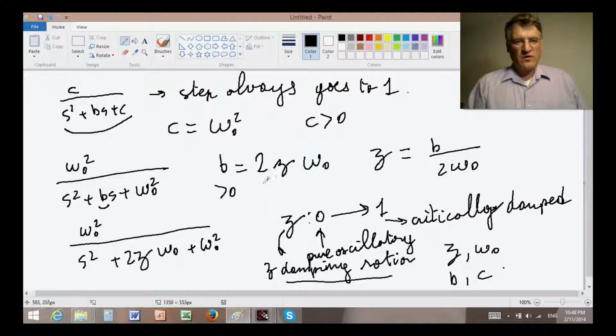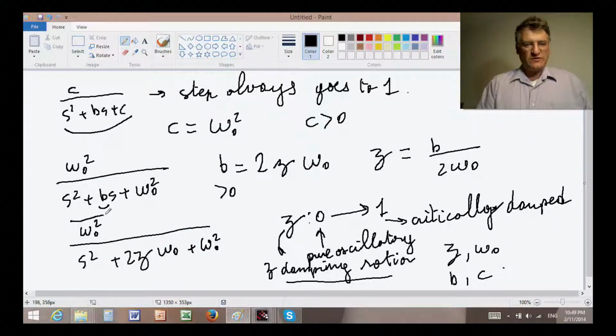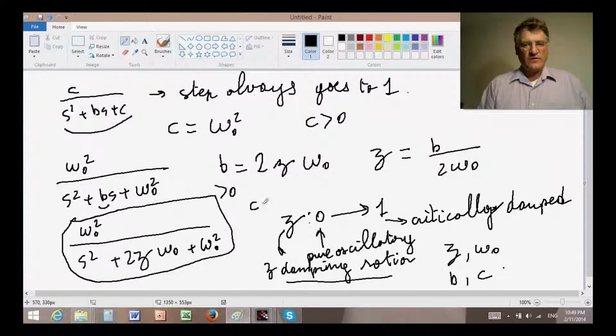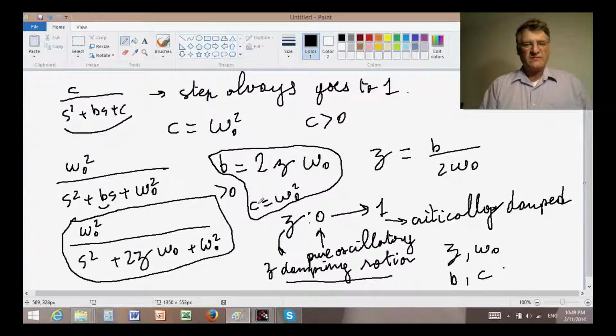So we're gonna use this notation. Of course, we can go from one to the other without any problem, since we can always define C equal to omega 0 squared, and B equal to 2 zeta omega 0. So given zeta and omega 0, we can find B and C, or given B and C, we can find zeta and omega 0. Very easy.